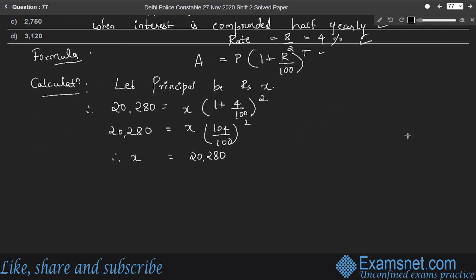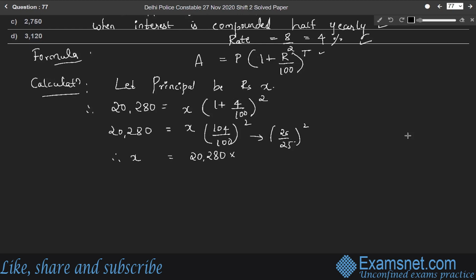20,280 into, so here 104/100 can be written as 26/25. Right? 26 into 4 is 104, 25 into 4 is 100. So 26/25 to the power of 2. Right?